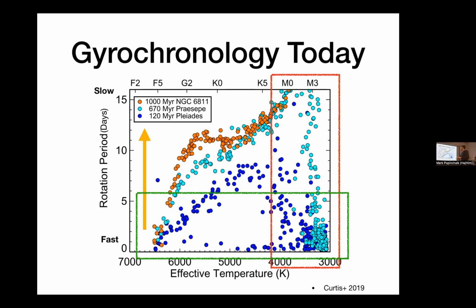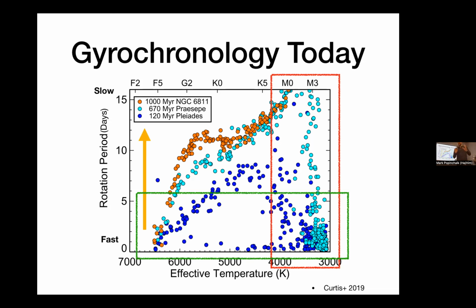I should also point out that with the Pleiades, we have this nice shape, by which I mean this round hump to it. But there's also this string of quickly rotating things down here. We'll see a lot of that for our younger groups as well, as we look at their initial rotation distributions at the start of these clusters' ages.